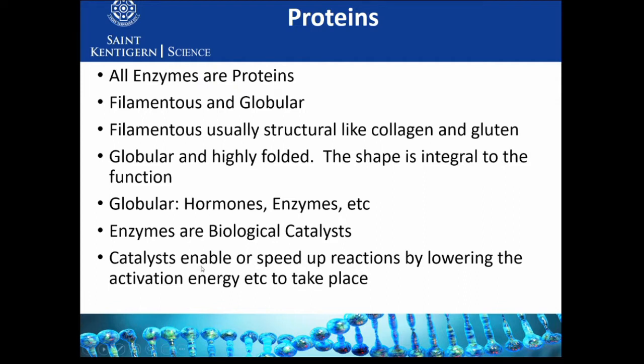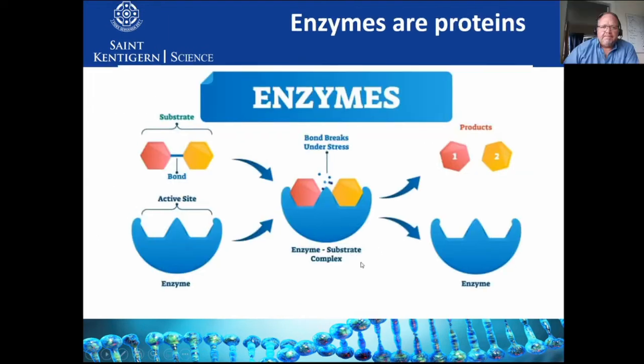So they bring the substrates together, making sure that their orientation is correct and that there is enough energy for the reaction to take place. Here we have a very high level representation of an enzyme. If you think that this blue thing is made out of a single strand that has been folded and folded and folded until it created this shape with a very specific active site.